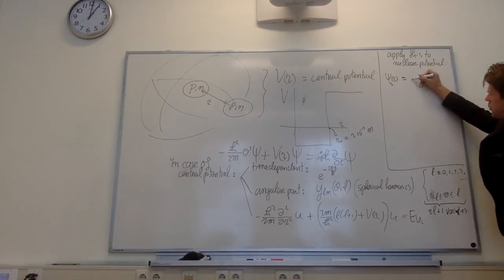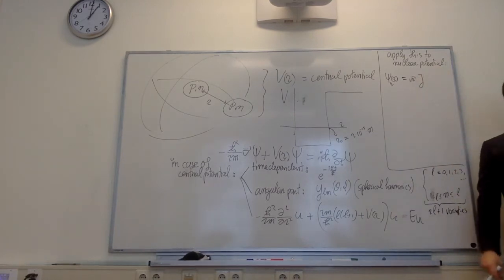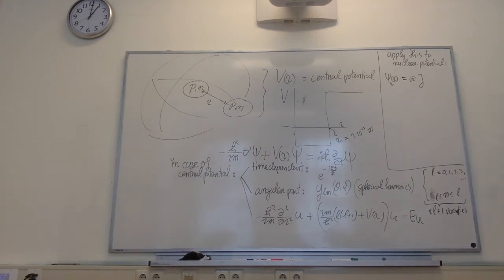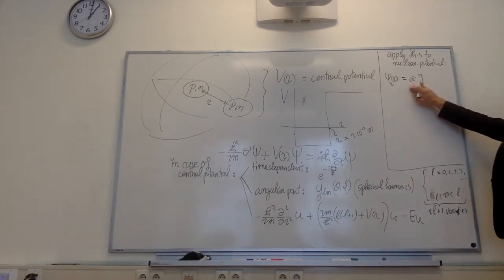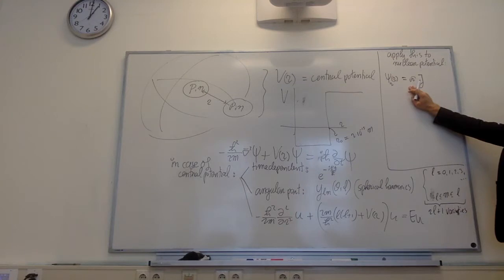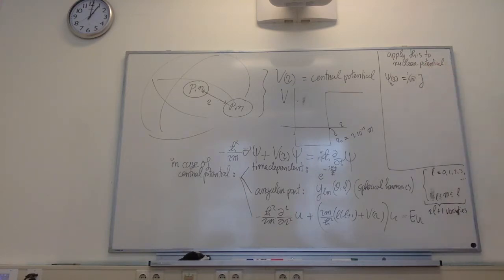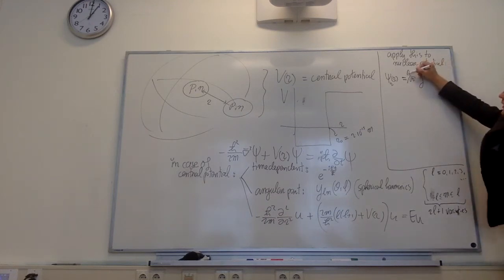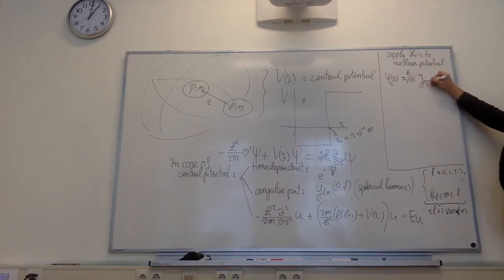I don't recall whether it's square root of r or 1 over square root of r, but it doesn't matter for the rest of the argument. I have to look at it. I think it's 1 over square root of r. Okay, that's what I remember. It has a Bessel function, and the Bessel function comes with an order and an argument.